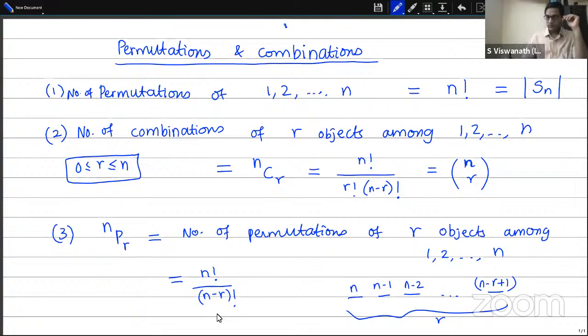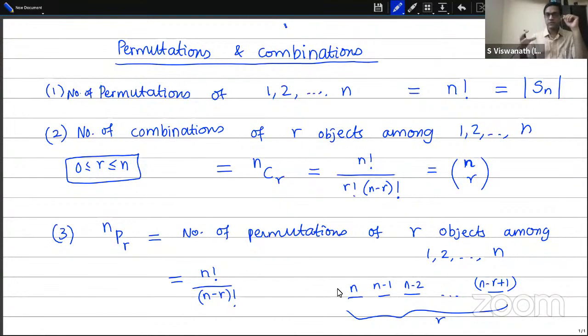But the point is that when you want to only choose R objects and you don't care in what order they're arranged, it's as if I just take these R objects and put them in a bag. I don't care how they're arranged. So each such combination will occur R factorial times.